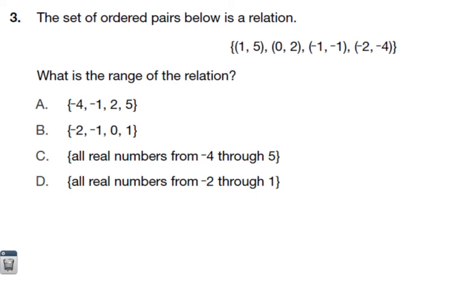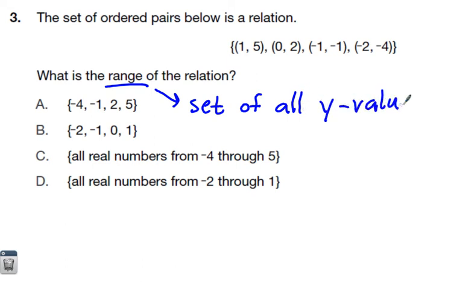All right, this next one talks about the range, and you definitely need to know that the domain of relations is the set of all x's. So the domain is the set of all x's, but the range is the set of all y values or y coordinates.